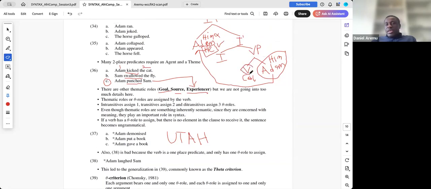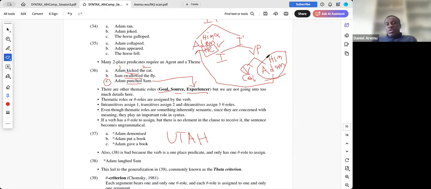So this is the verb and the complement is Adam. Usually you assign the theme here. And then depending on the role or the function of the argument, it can either be a recipient, a patient, experiencer, right? So different other theta roles.